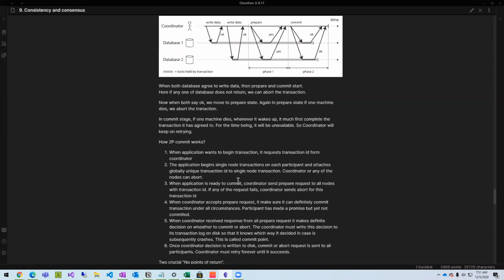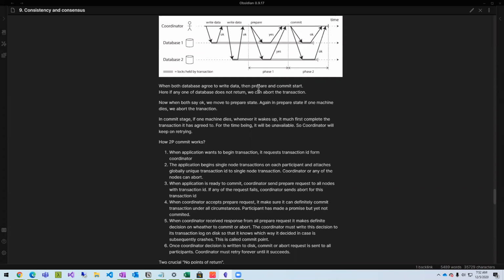So now when the application is ready to commit, the coordinator will send a prepare request to all the nodes. When the database replies with yes, it has to make sure it appends that data to its write ahead log and does everything it has to do to make sure that after this point, if the coordinator says commit, then it should be able to commit.